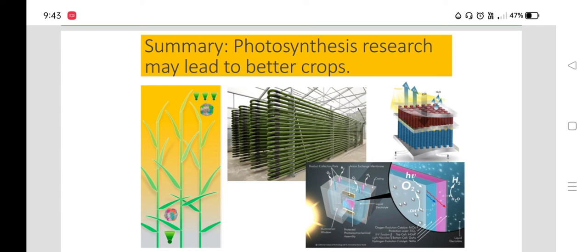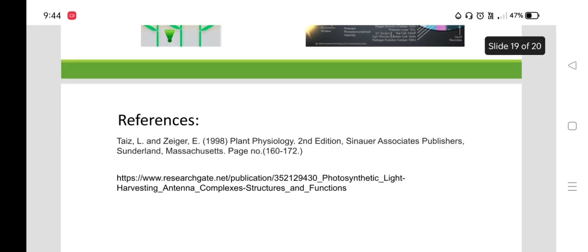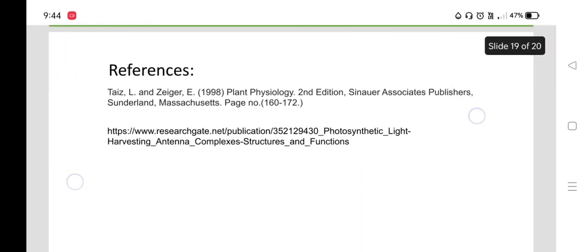Hence it is very beneficial to study photosynthesis and the photosynthetic processes, which are part of the plant life cycle. So these are the references.